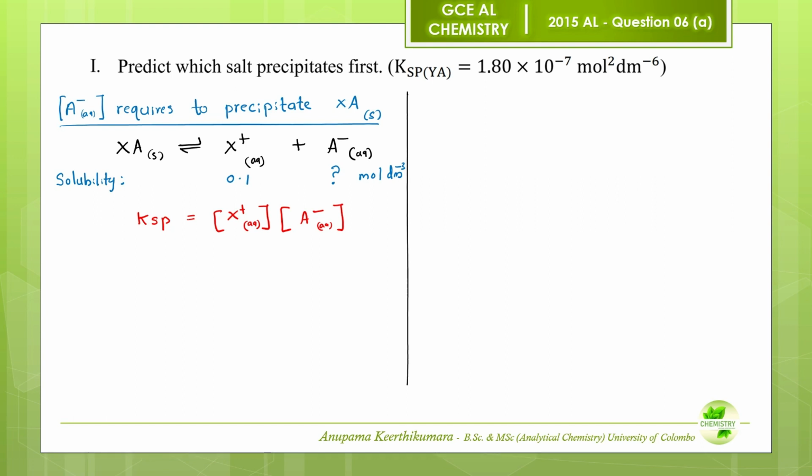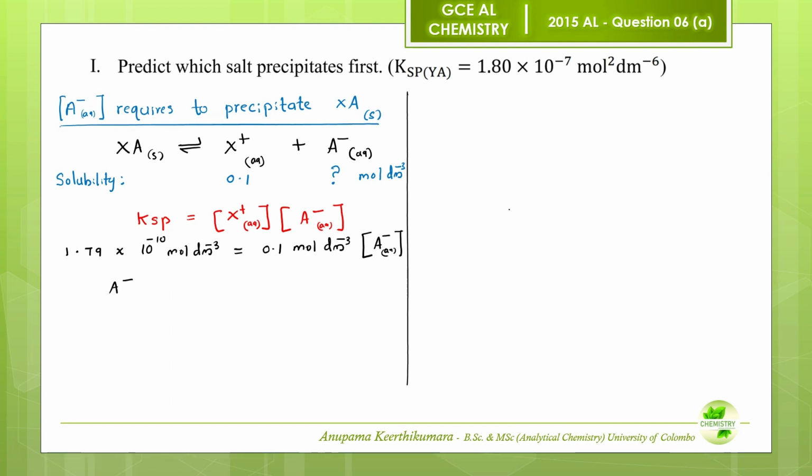The answer is 1.79 times 10 to the negative 10th equals concentration of X plus ions, 0.1 moles per cubic decimeter, times concentration of A minus ions.